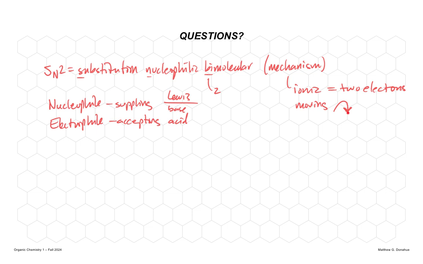That double-headed arrow is indicating the movement of two electrons. Overall, the process is ionic because you're dealing with plus charges and minus charges. Just be clear, the CH to C-chlorine or C-bromine, that's radical, and the arrow looks different.